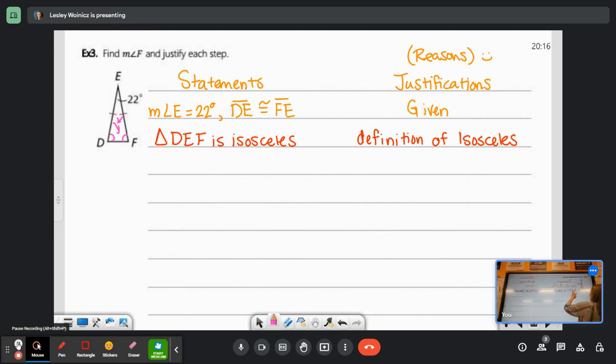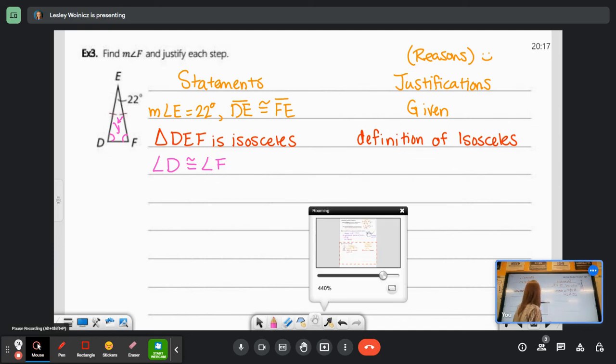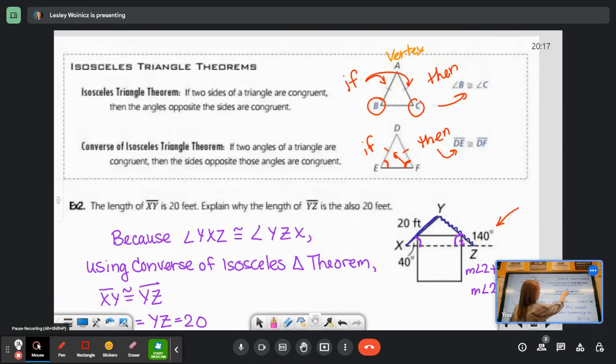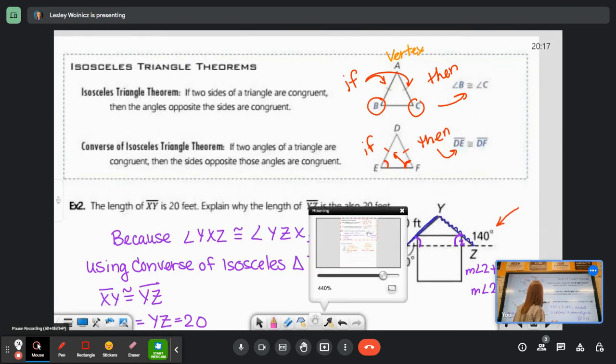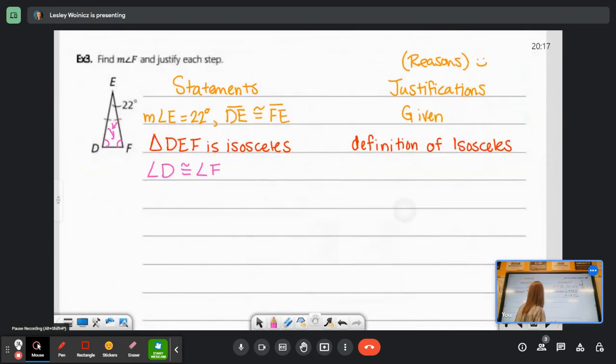So angle D is congruent to angle F. That is because of the, not the converse, but the original one, the Isosceles Triangle Theorem.